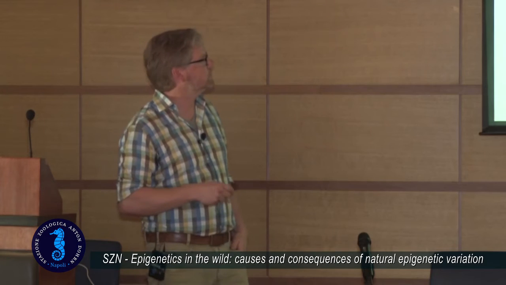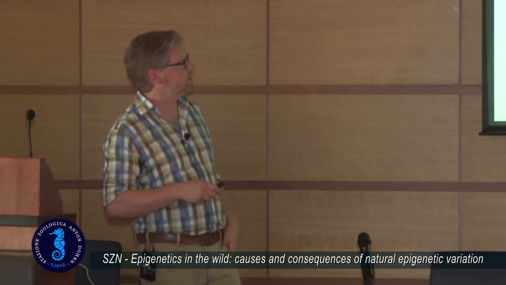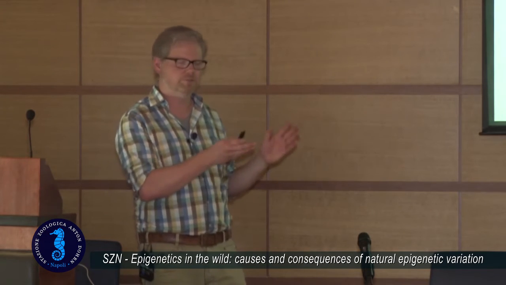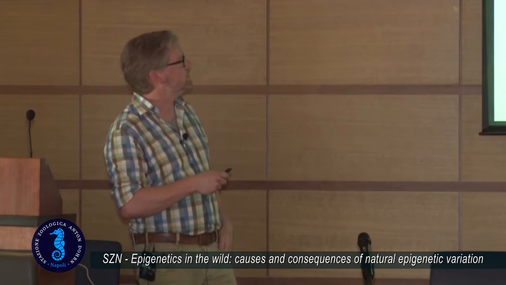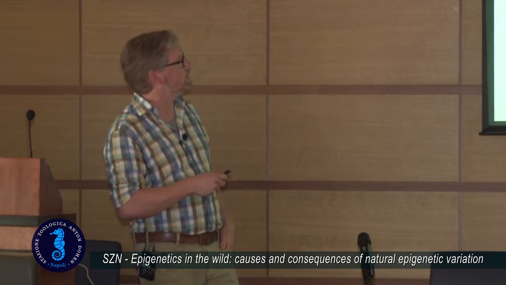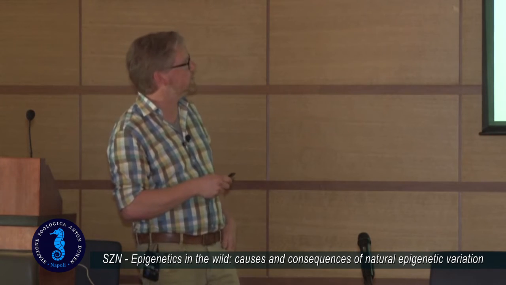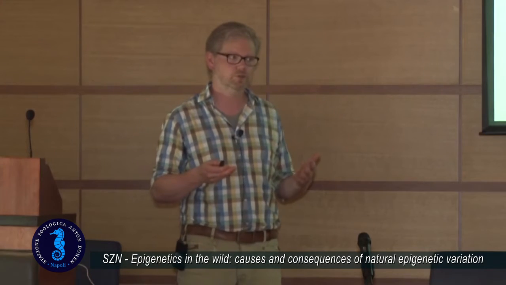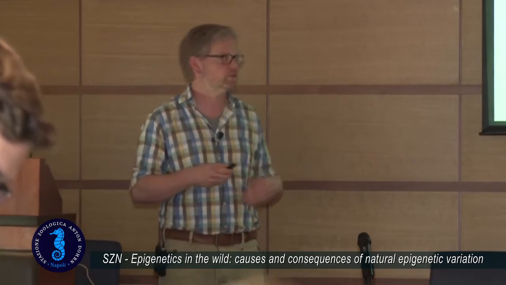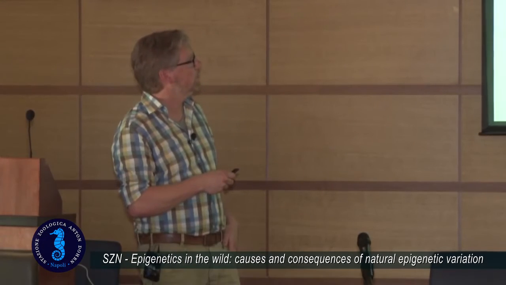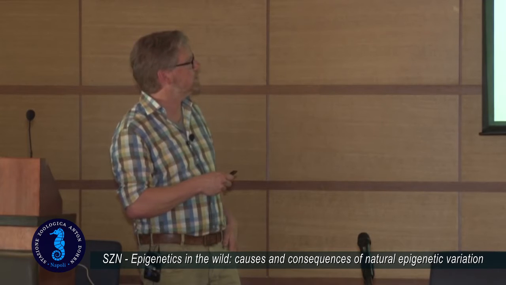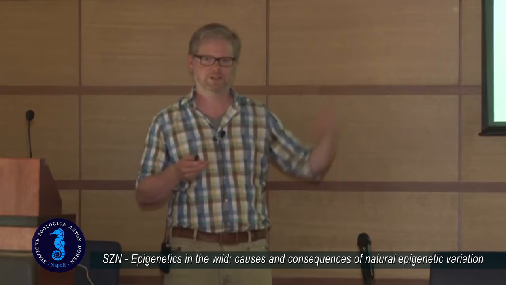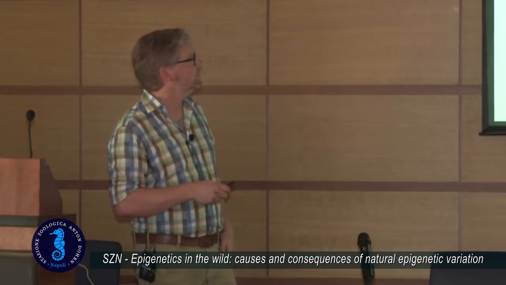And part of that is because DNA methylation, so this is in plants, in animals it's a bit different, but in plants we see, for instance, that methylation is always on cytosines, but the cytosine can be in different sequence contexts. It can be in CG context, so sitting next to a G, or sitting next to something else and then a G, or just any cytosine in the genome can be methylated.